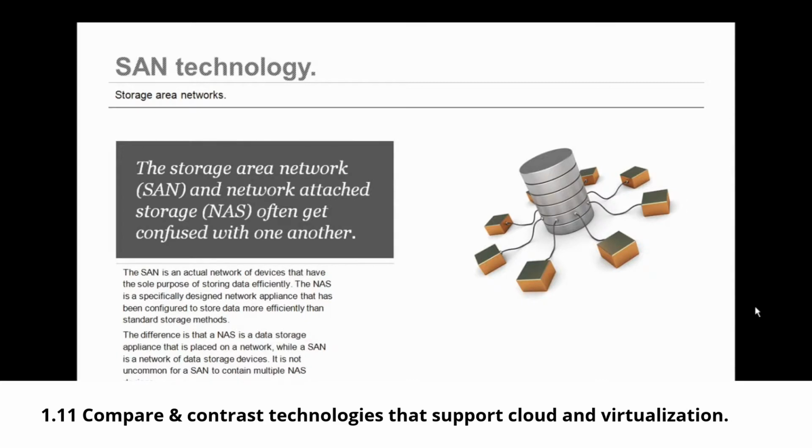On the other hand, the NAS is a specifically designed network appliance that has been configured to store data more efficiently than standard storage methods. The difference is that a NAS is a data storage appliance that is placed on a network, while a SAN is a network of data storage devices. It is not uncommon for a SAN to contain multiple NAS devices.